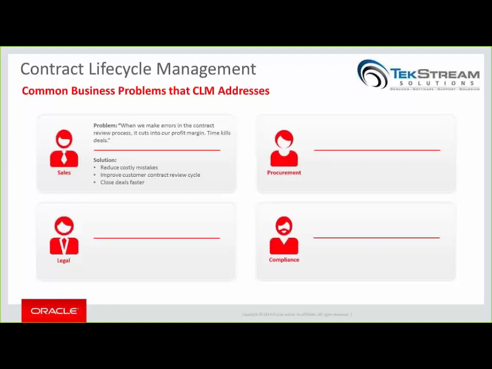So getting those contracts back in the hands of salespeople in, say, 4 days instead of 4 weeks, or in some cases 4 hours, is crucial to securing the customer and bringing that revenue in sooner. CLM reduces the rework, shortens review cycles, and gets those contracts back to the field as fast as possible.